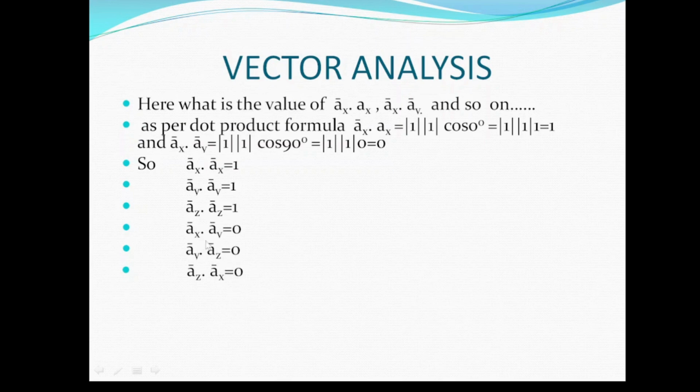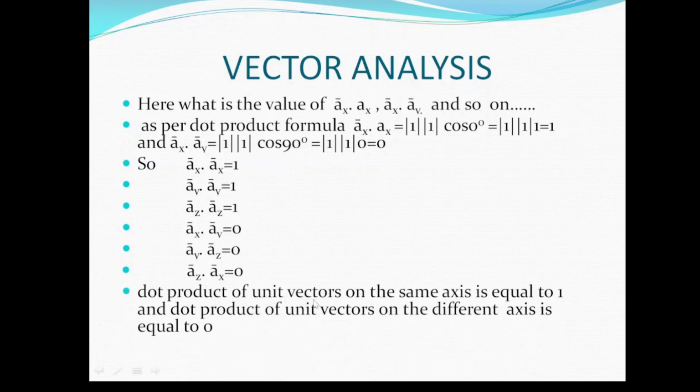So when two vectors are on different axes, the dot product of these two unit vectors is equal to 0, because the two are separated by an angle of 90 degrees, that is cos 90 equal to 0. So Ax dot Ay, Ay dot Az, or Az dot Ax is equal to 0.